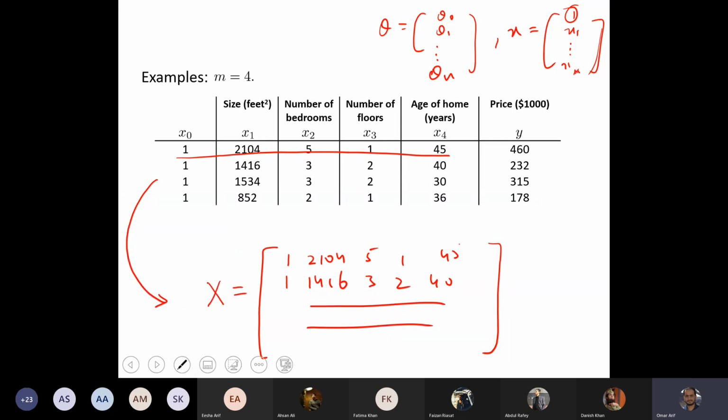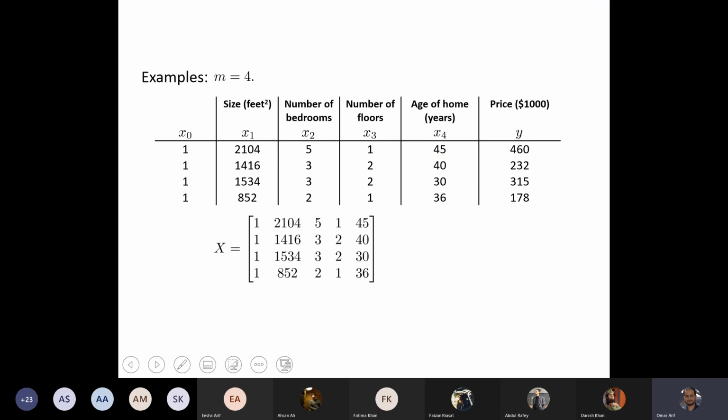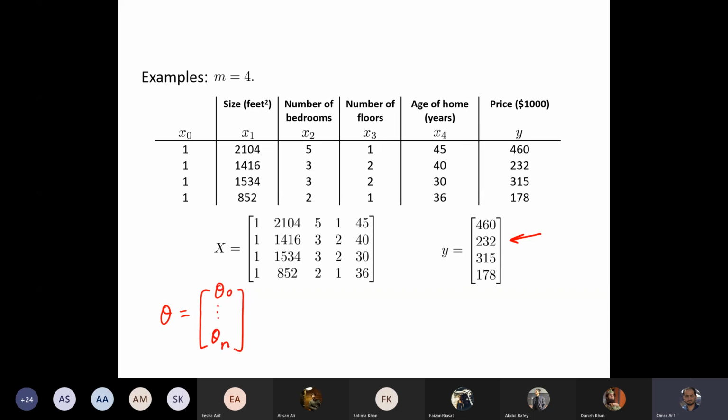Okay, so this is my matrix X. Similarly, I also do the same with the ground truth: I create a vector Y, and each element comes from the corresponding row. Now I also have a vector of parameters, theta 0 to theta n.